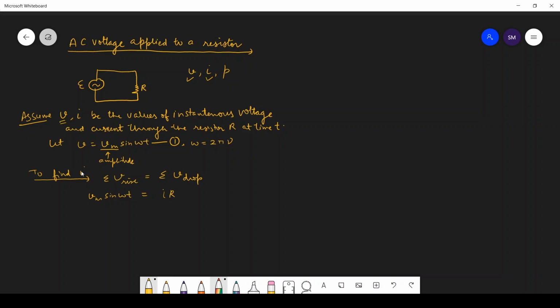Now we need to find the value of I. So taking R to this side, we get I equals Vm upon R sine omega t.